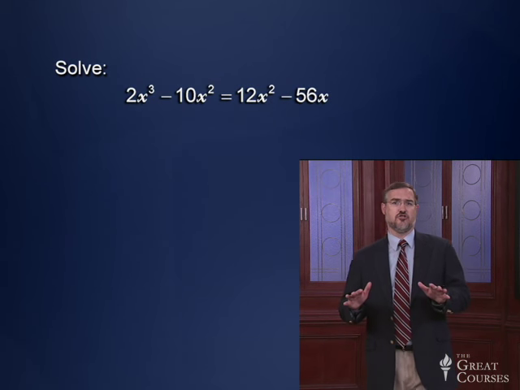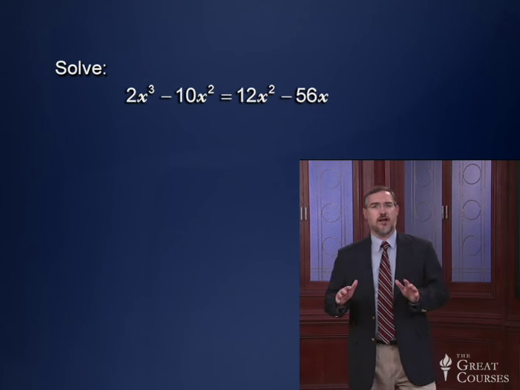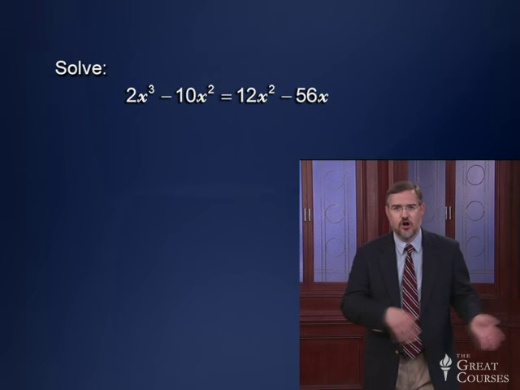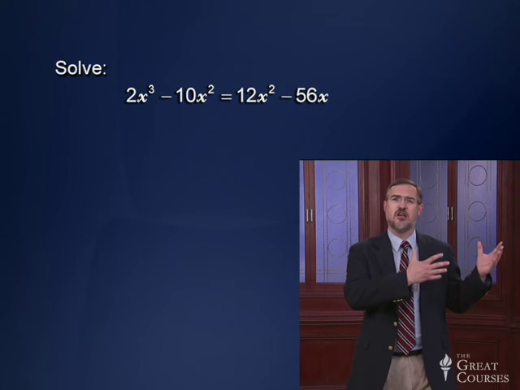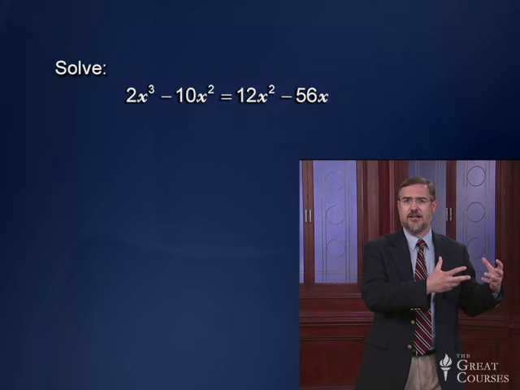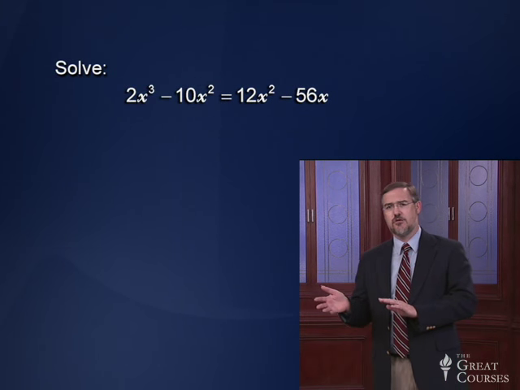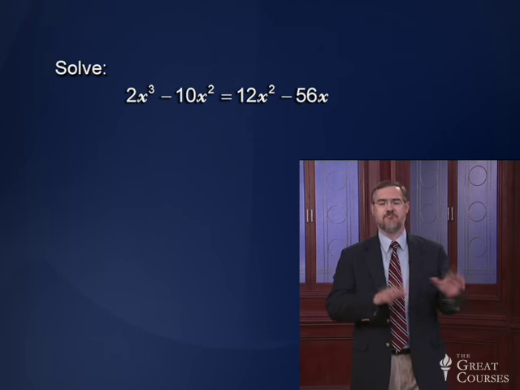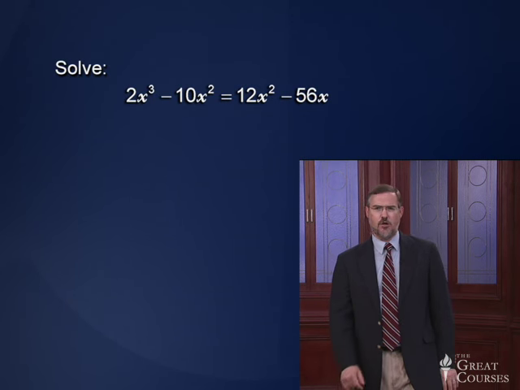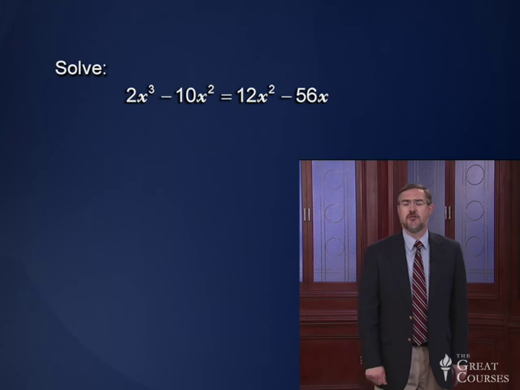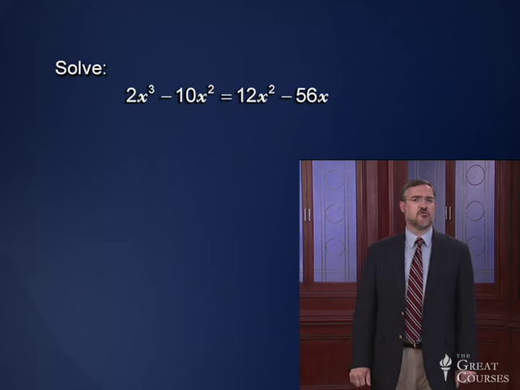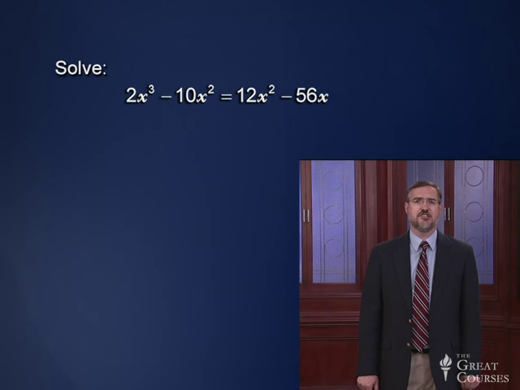Okay, the first thing you should do here is subtract all the terms from one side over to the other side. I'm going to suggest we subtract the terms on the right-hand side over to the left-hand side so that we get all the terms equal to 0. So let's do that first. We started with 2x cubed minus 10x squared equals 12x squared minus 56x.